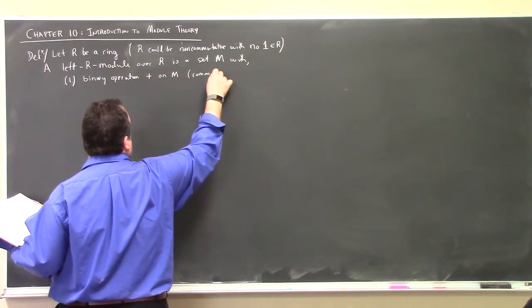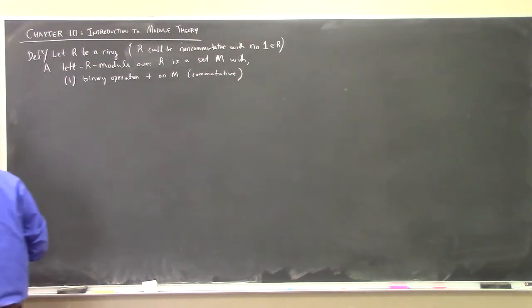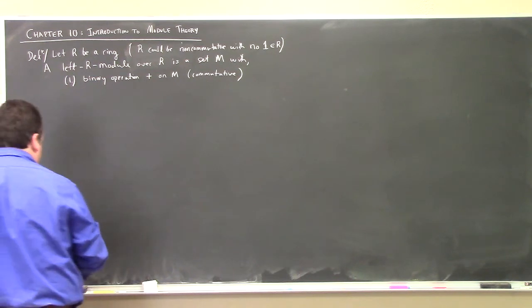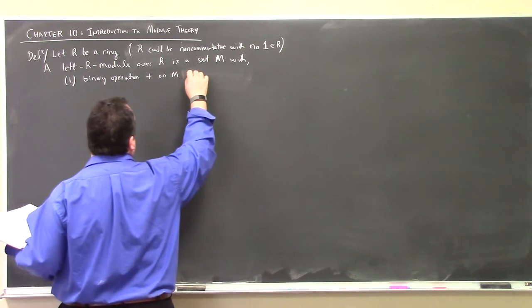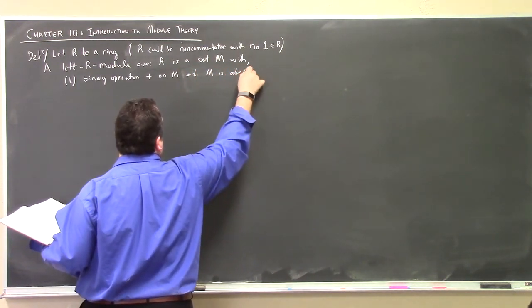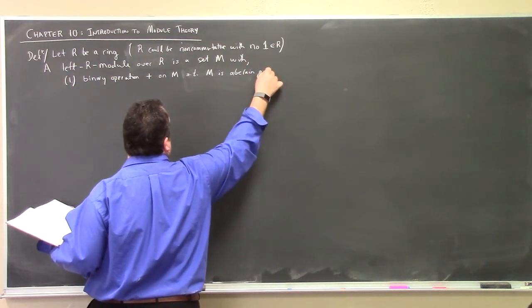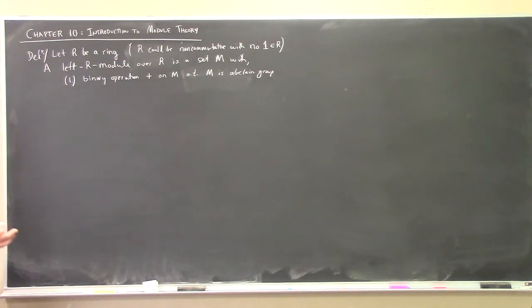In other words, addition is a good notation for it because it behaves like addition, right? Well, sorry, let me state it as he states it. Binary operation plus on M such that M is an abelian group. So that says that M has 0, it's closed under negation, and the addition is commutative.